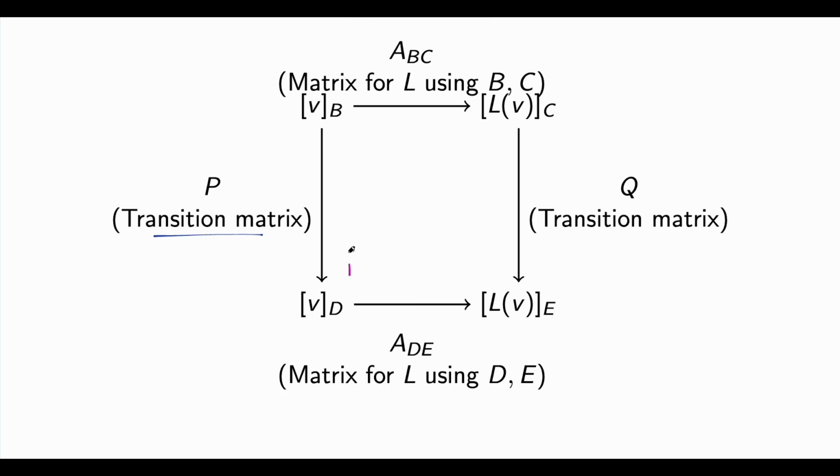So we want this path actually. For this path we need P inverse, and this path is A_BC, and this path is Q. So Q A_BC P inverse.